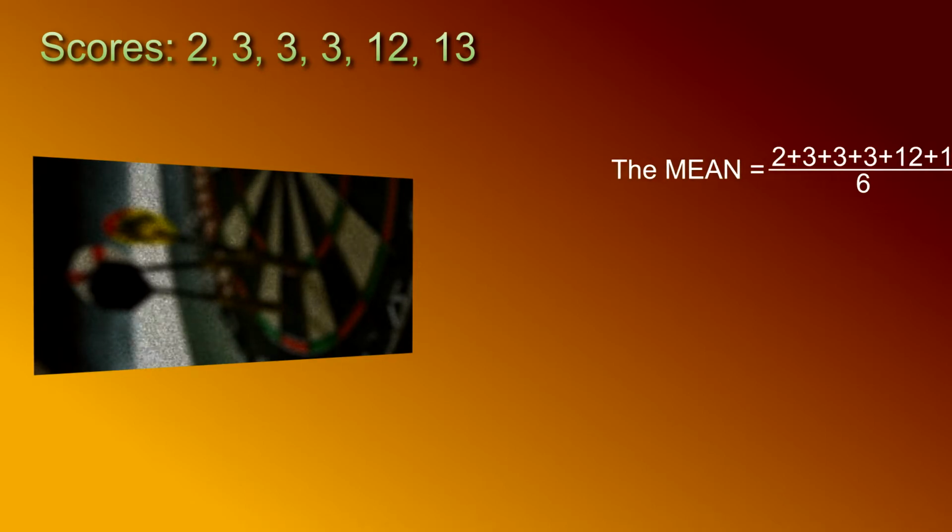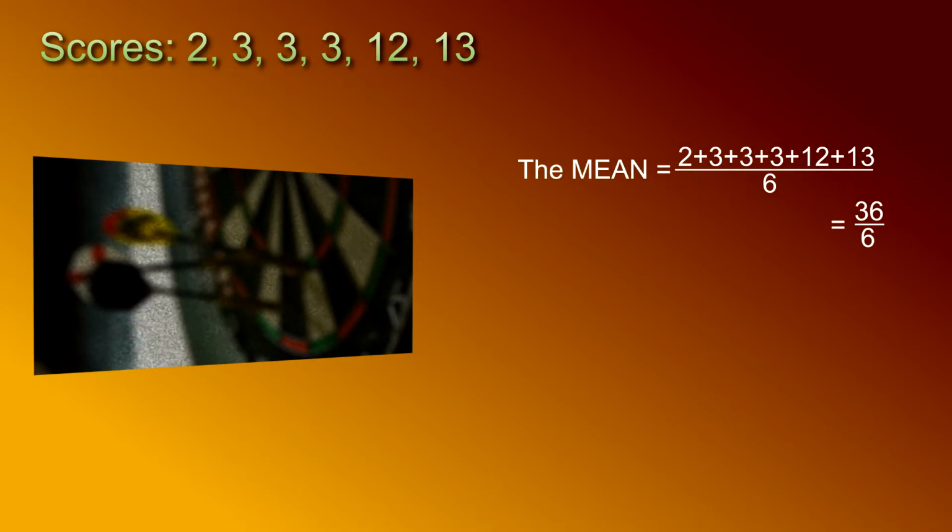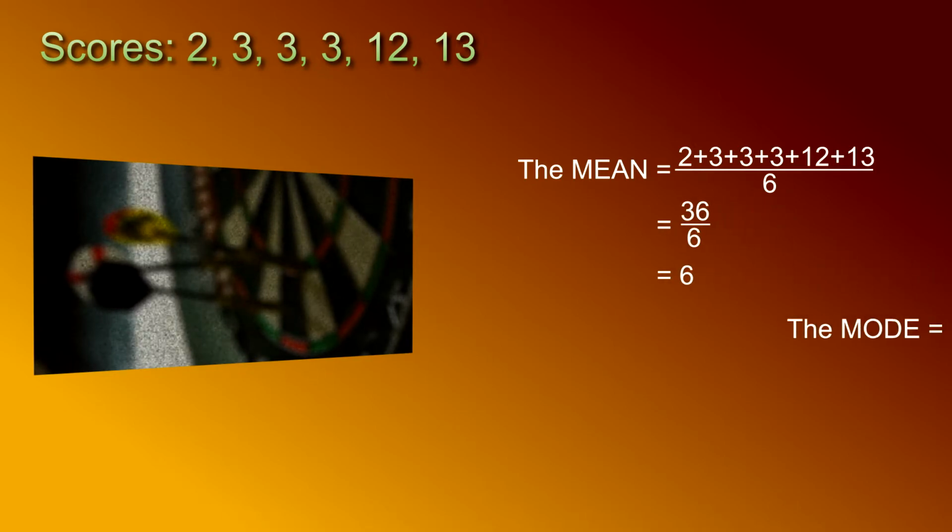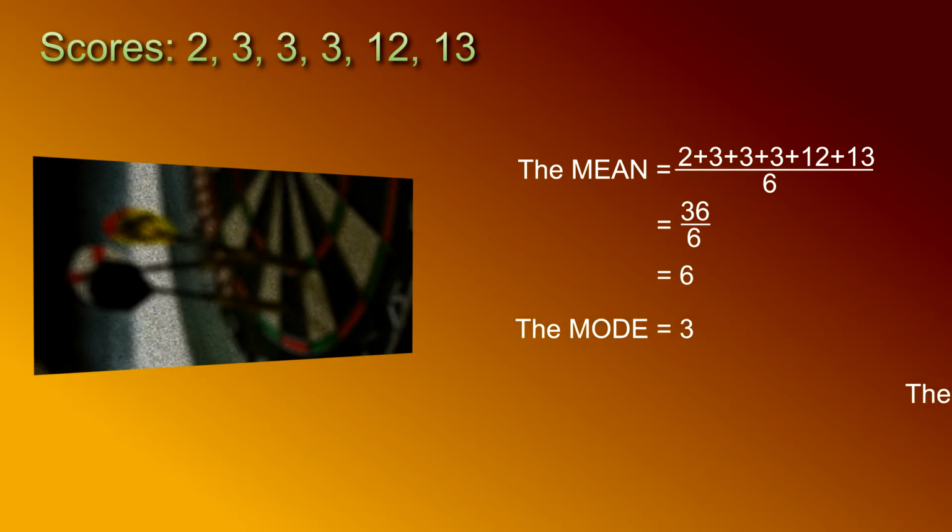So for my not very good dart playing, our scores were 2, 3, 3, 3, 12, 13. The mean is 2 plus 3 plus 3 plus 3 plus 12 plus 13 divided by 6. 36 over 6 equals 6. The mode is 3.